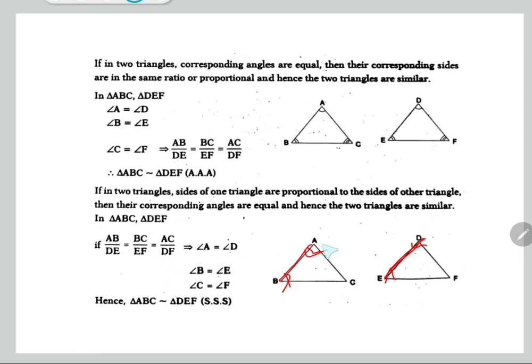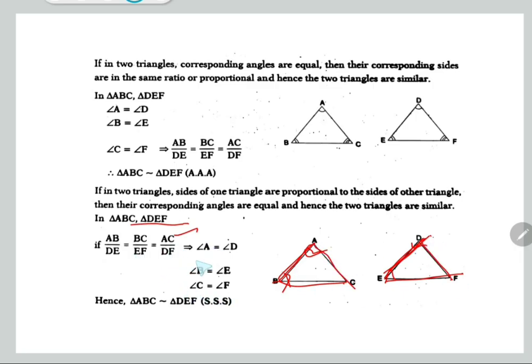Now look here: AB by DE is equal to BC by EF, the corresponding side, and AC by DF.